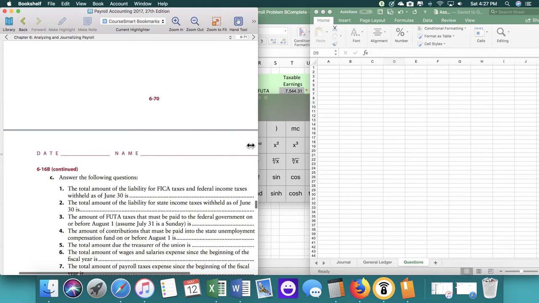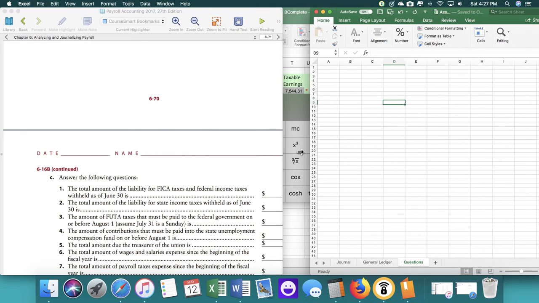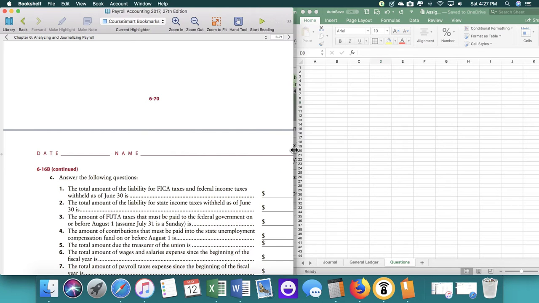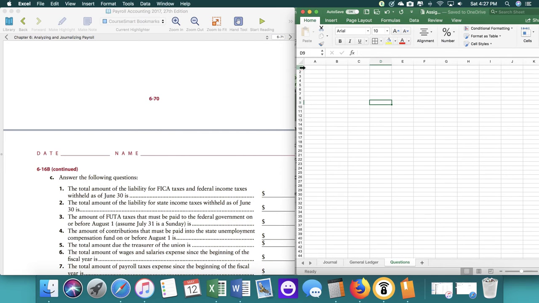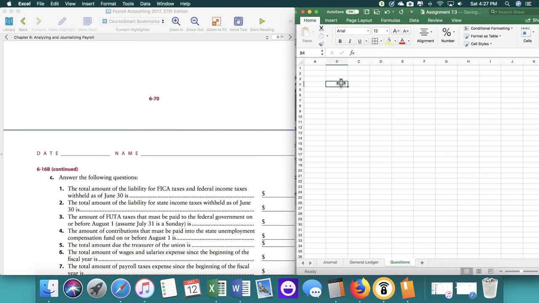Again, it is completely up to you. If you do it in a Word file, make sure you attach both files when you're submitting your assignment for grading. So let me make the font the same size as the previous two tabs.